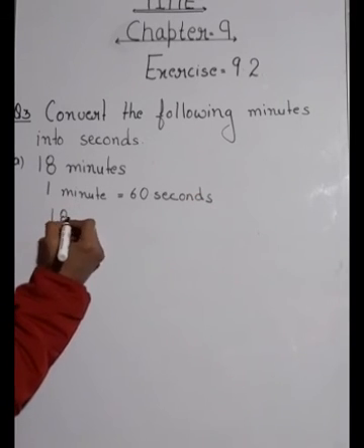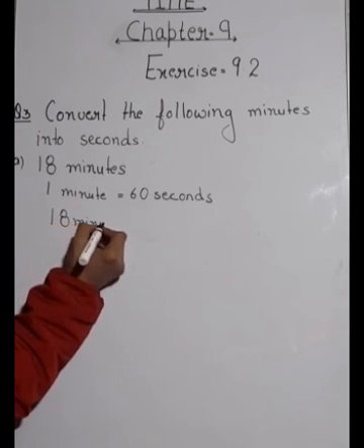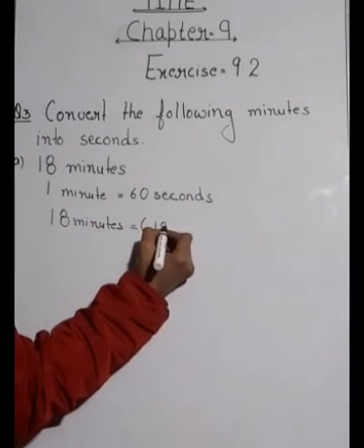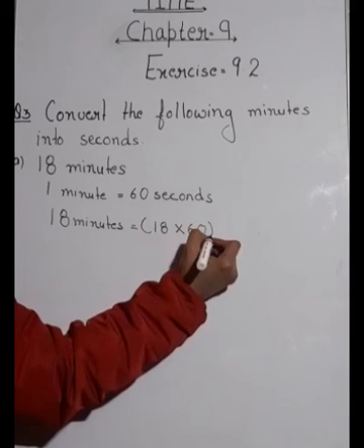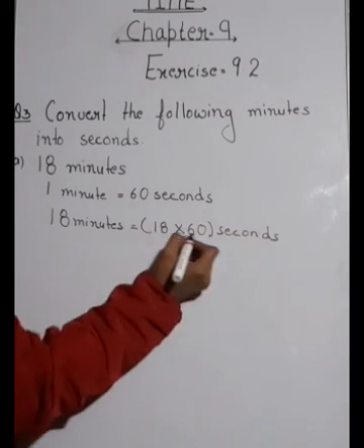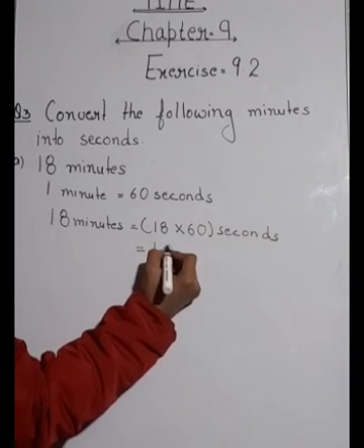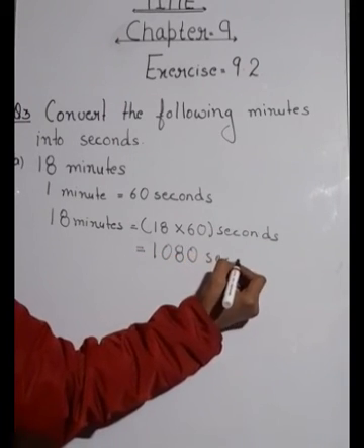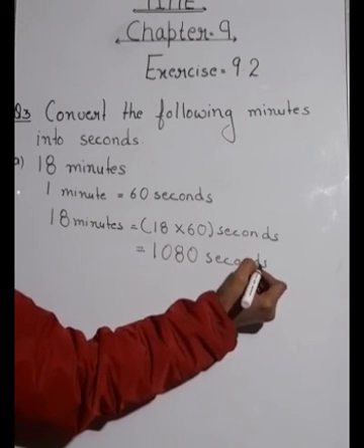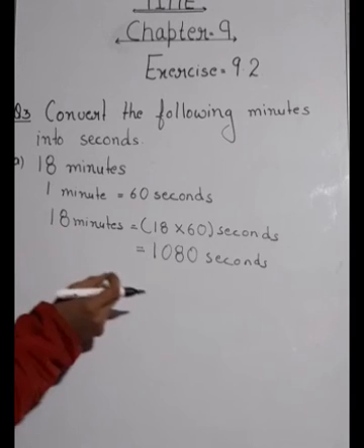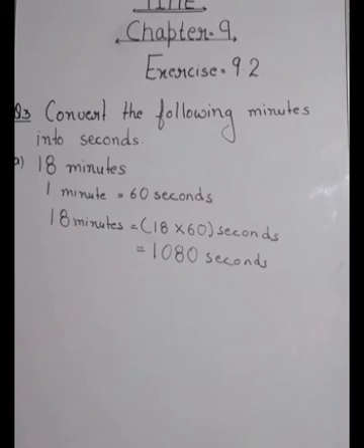So in 18 minutes, you will be having 18 into 60 seconds. Okay, now you will multiply these two. You will be getting 1080 seconds. In 18 minutes, you are having 1080 seconds.